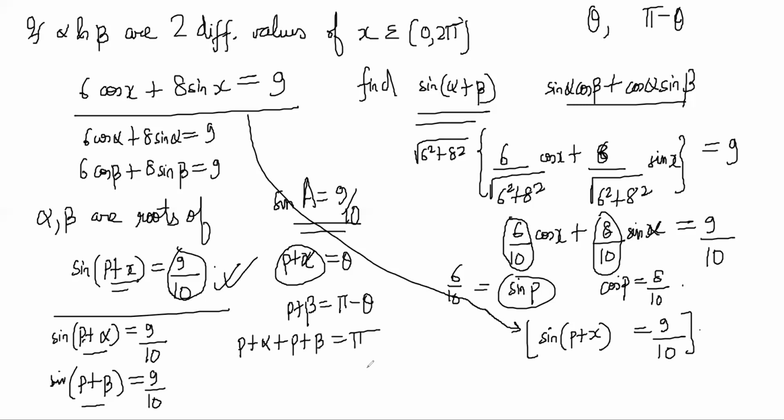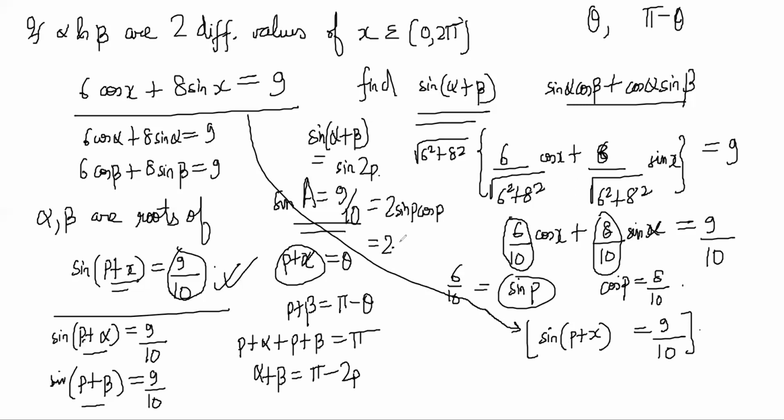So alpha plus beta is equal to pi minus 2p. So sine of alpha plus beta is equal to sine of pi minus 2p, which is sine of 2p, which is equal to 2 sine p cos p.